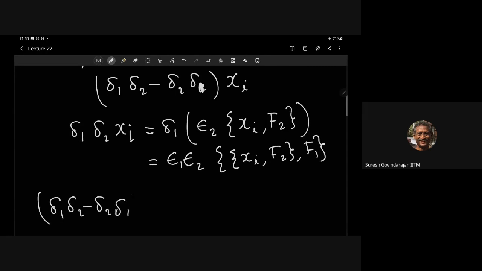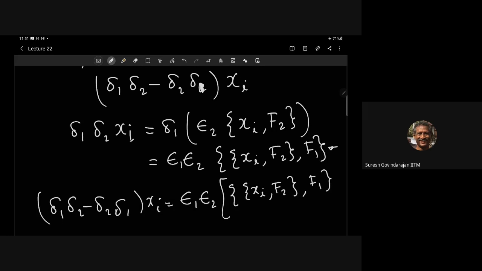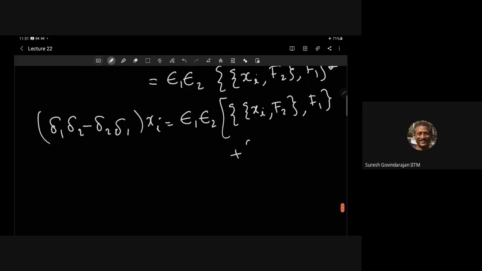This is easy because I just have to exchange 1 and 2 on the right hand side. Do that, you get epsilon 1 epsilon 2 times the first term, x_i with f2 with f1, plus, no, minus, because it's a minus here.